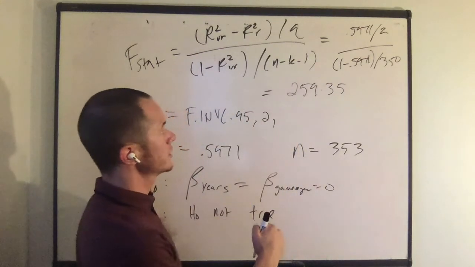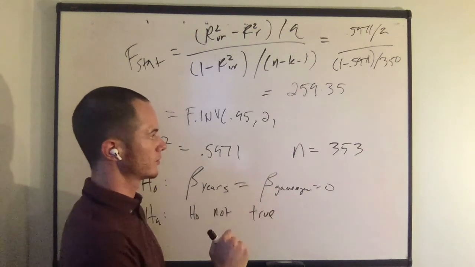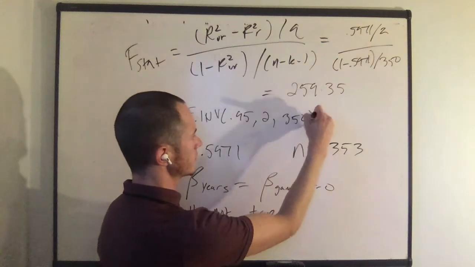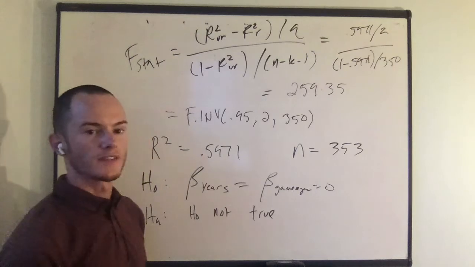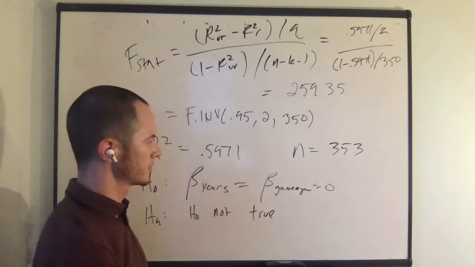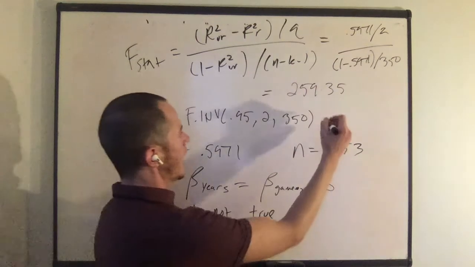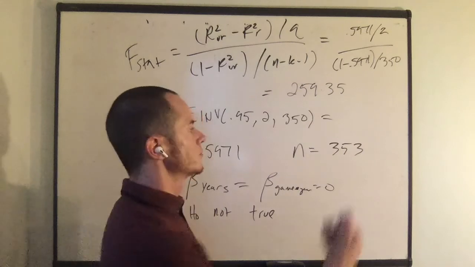We have 2 restrictions, a restriction on the beta on years and a restriction on games per year, so Q equals 2. And 350 is the other degrees of freedom. 0.95 because our level of significance is 5%. And Excel gave me a critical value of 3.02.